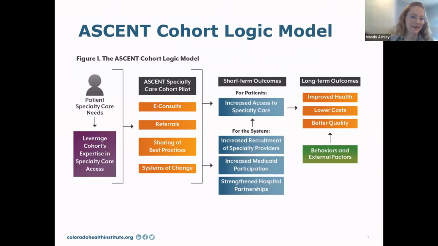Here's a visual of the logic model. If you start in the top left, the patient specialty care needs, then if you leverage the cohort's expertise in specialty care access by using all of the strategies that I just spoke about, you have short-term outcomes for increased access to specialty care for patients, the listed ones for the system, including increased reimbursement, and then that'll hopefully lead to the long-term outcomes of improved health, lower costs, better quality.